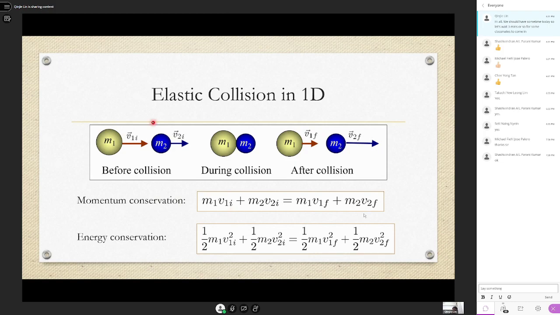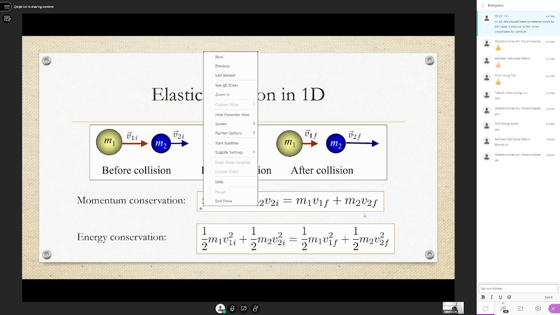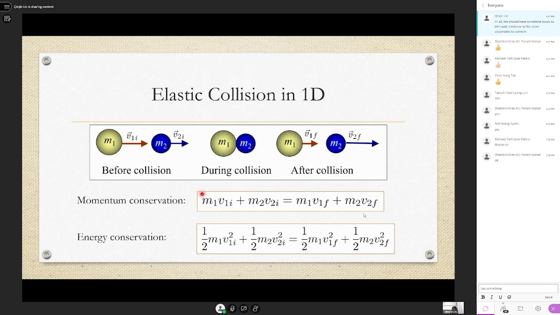Because this is an elastic collision, we can write equations to represent it. One is the conservation of momentum, which is true for all collisions. The initial momentum, m1 v1 plus m2 v2 for the initial state, must be equal to m1 v1 plus m2 v2 of the final state. That is conservation of momentum.